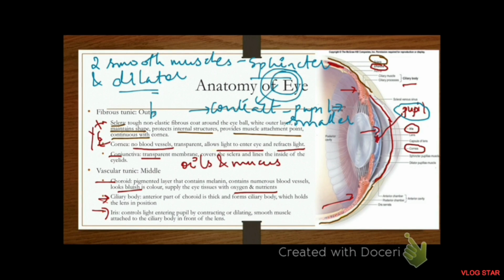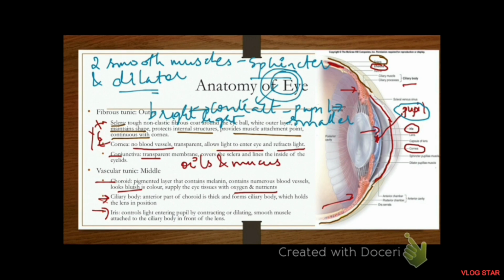This contraction happens in bright light. When there is too much light, these sphincter muscles will contract and the pupil will become smaller. Why? Because when the pupil becomes smaller, the amount of light that will enter into the eye will be less. And that is how it is protecting the eye.